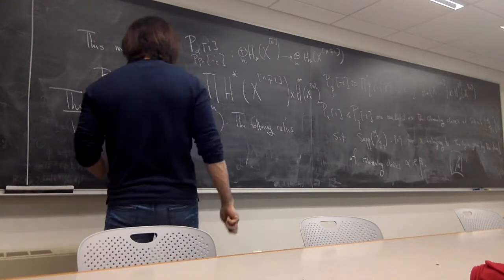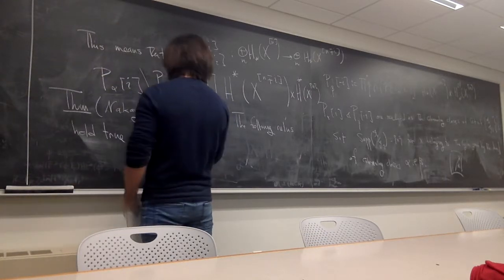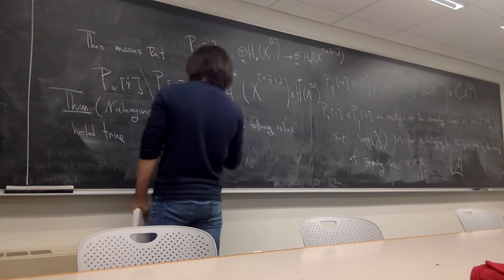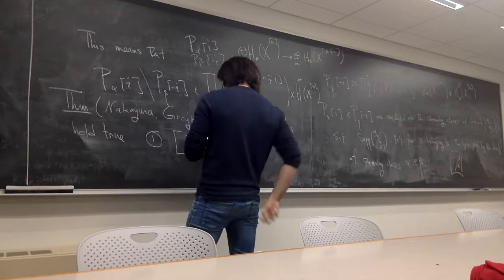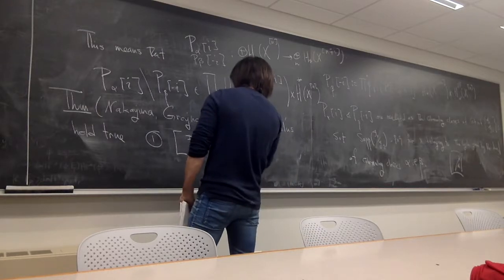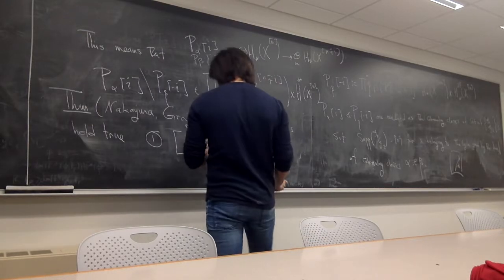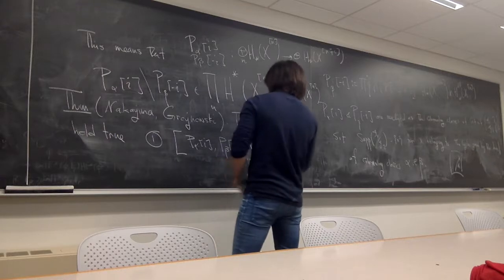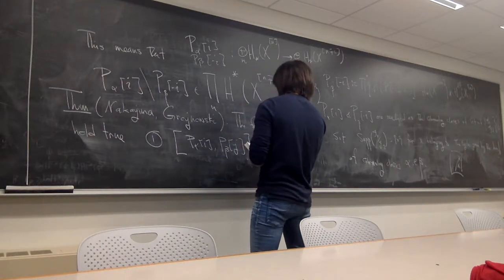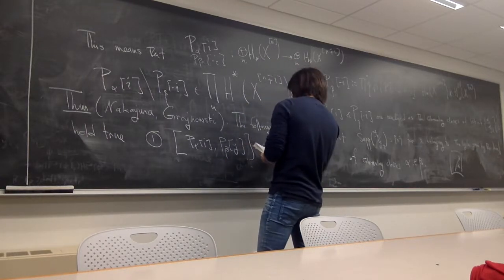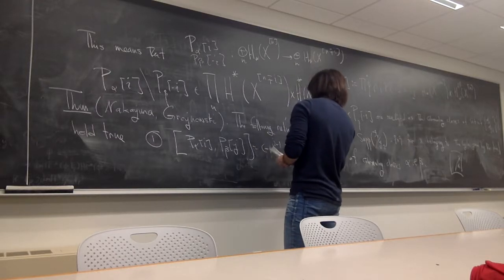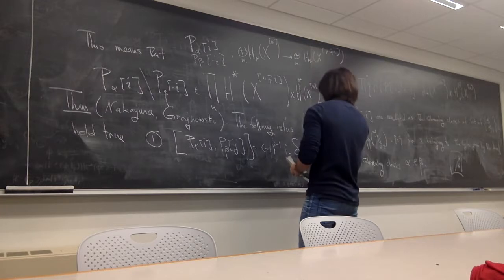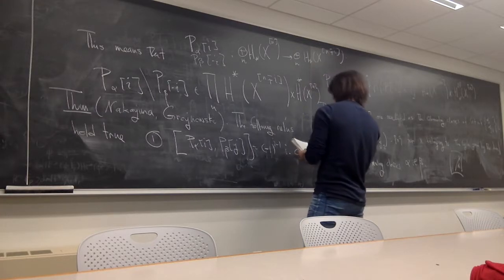And they satisfy a structure as follows. There is a bracket between them that you can define, which satisfies the following condition: I times delta I plus j and 0, alpha beta times identity.